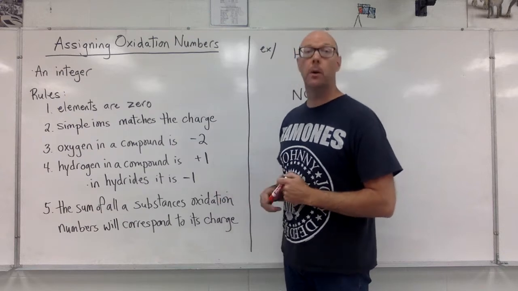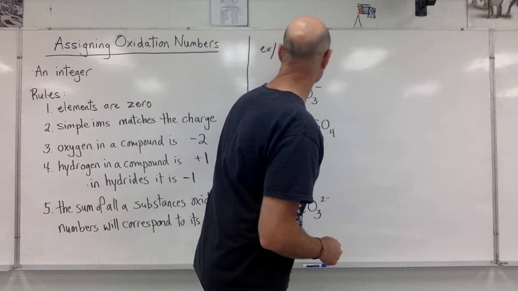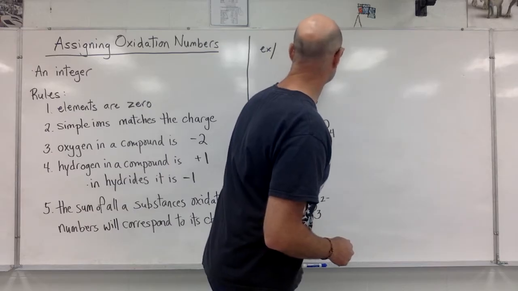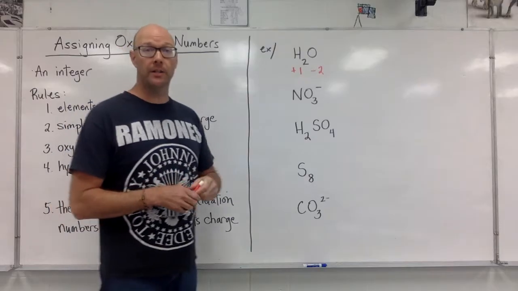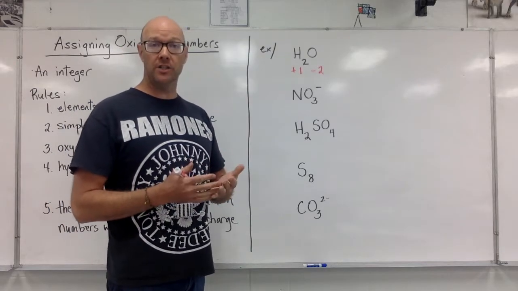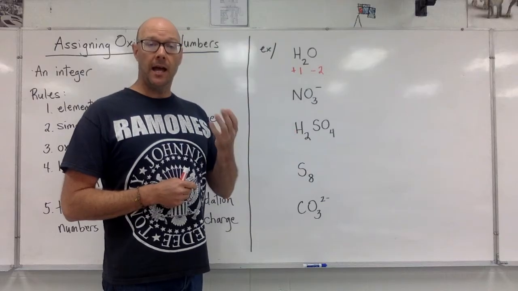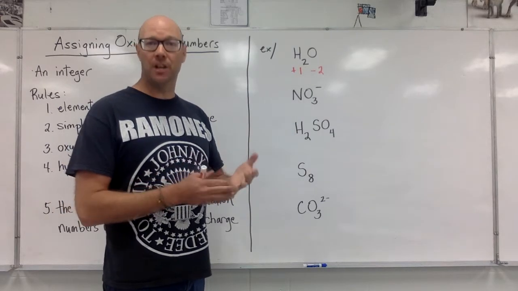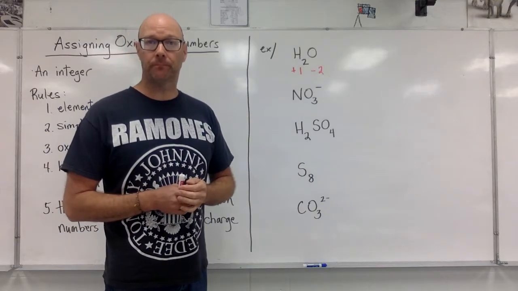Hydrogen in a compound, +1. The hydrogen in this compound is +1, and the oxygen is -2. There's 2 hydrogens, 1 plus each, and the oxygen has an oxidation number of -2. And those all add up to 0.